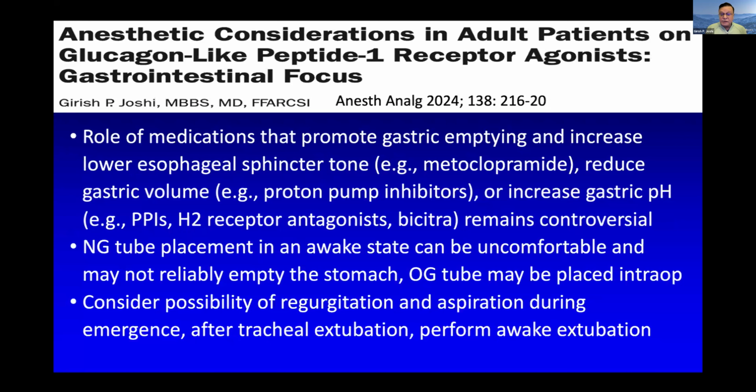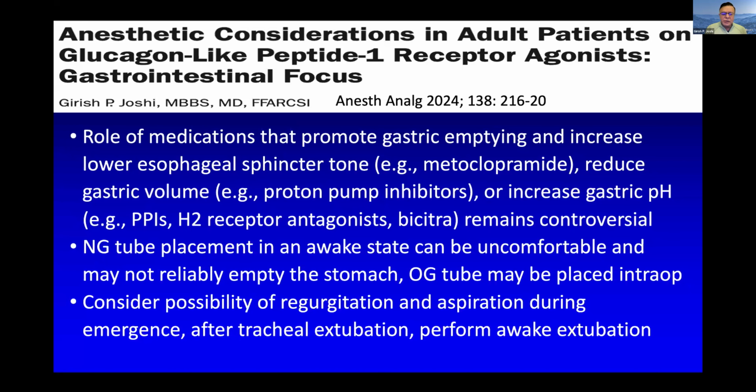And recently, just today, I got an email saying we are routinely using Bicitra now. In fact, Bicitra will further increase the volume. And it's not the concern of the pH. Our bigger concern is the increased gastric volume. So trying to use these drugs is really not helpful in this patient population.